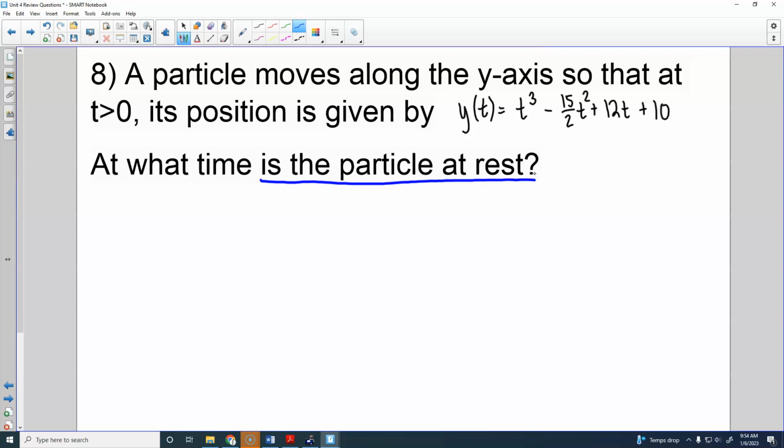If you are at rest, what can you say about your either position, velocity, or acceleration? Velocity is 0. All right. So if the particle is at rest, that means velocity equals 0. I may actually go ahead and do this one.